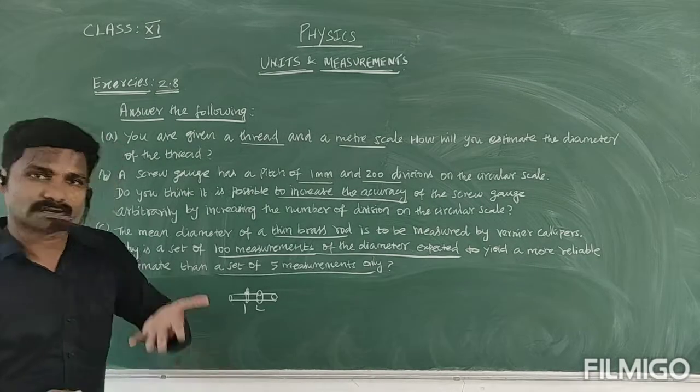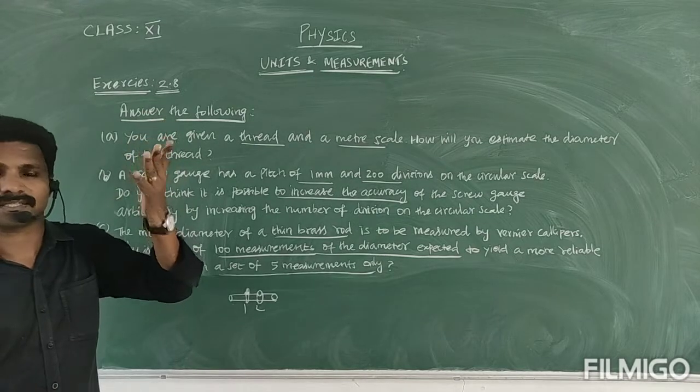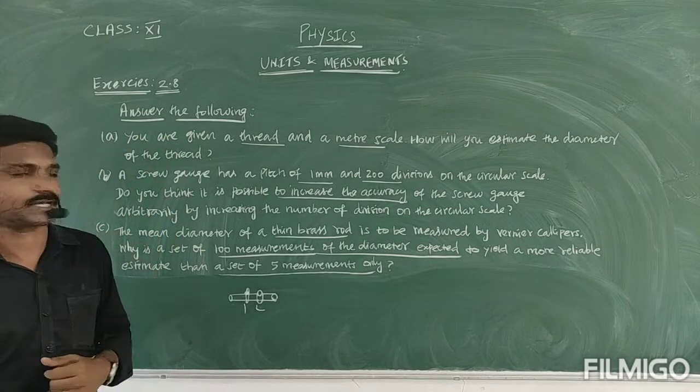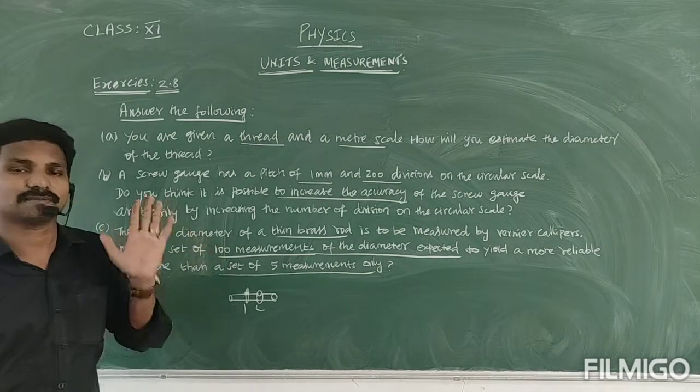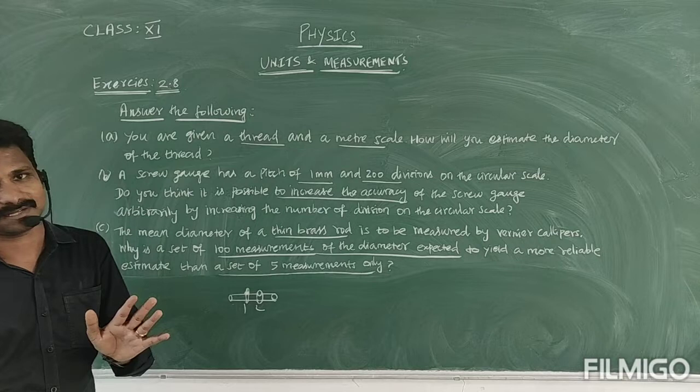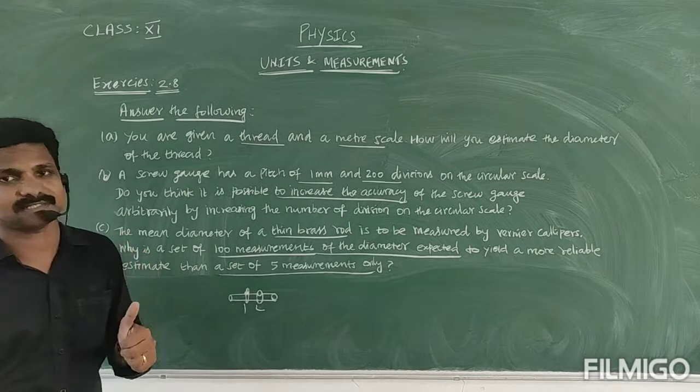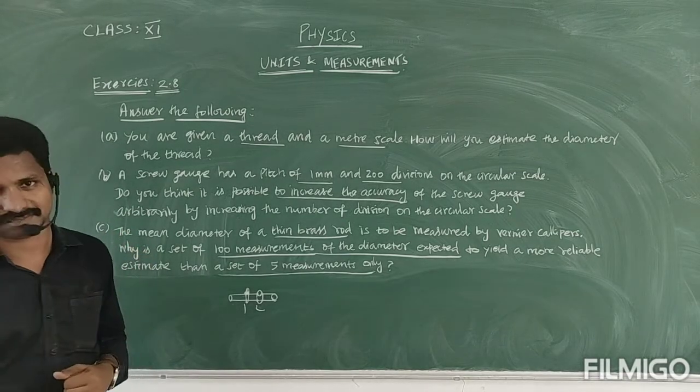If you increase your number of observations, the accuracy also increases. So in this question, 100 times observation is best, and we can get a good result compared with the 5 times observation.